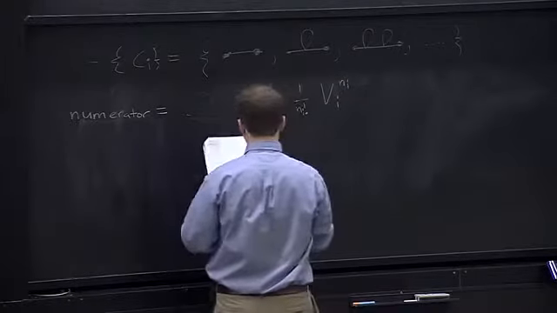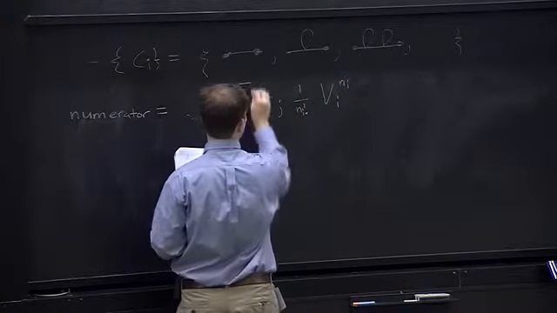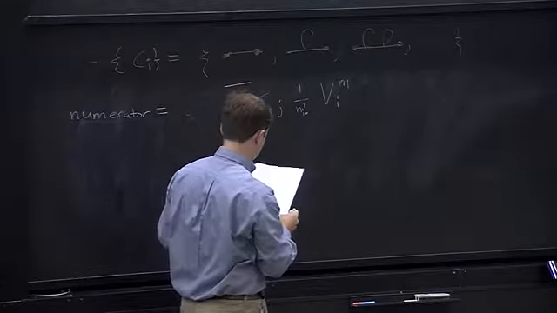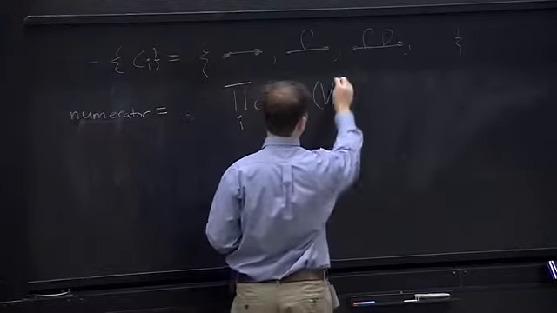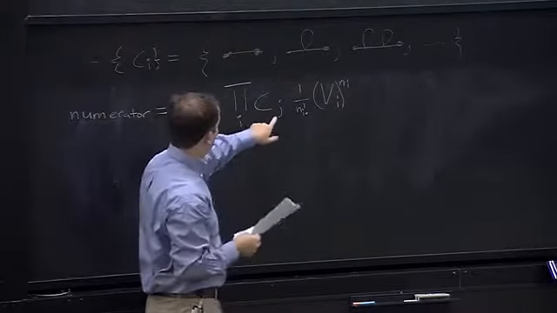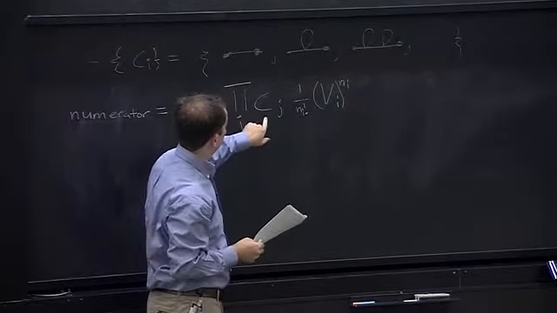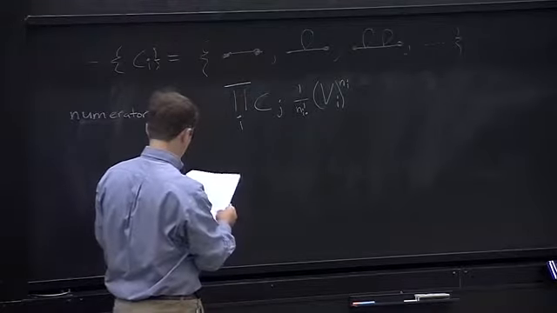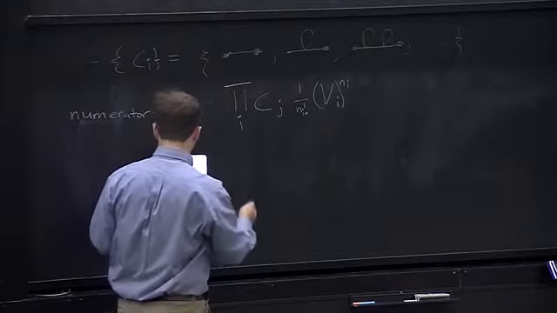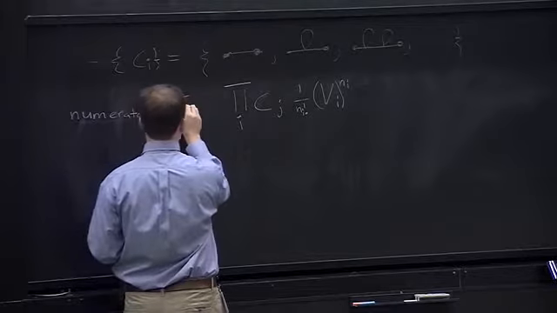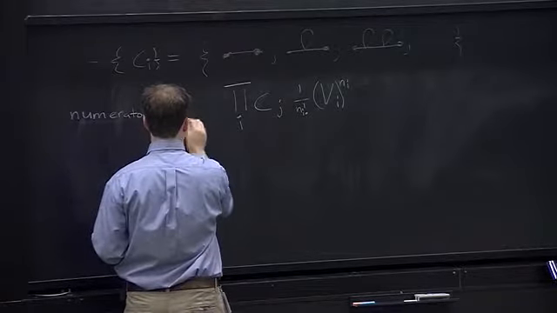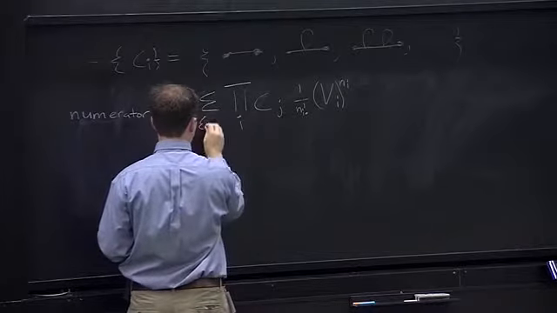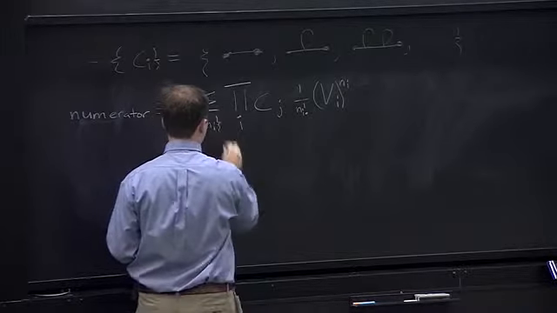So a general term will have some product over i of one connected diagram with two external points and some number of connected vacuum diagrams. And then the numerator is just the sum over all such terms. So we have the sum over j, and as before, the sum over ni.